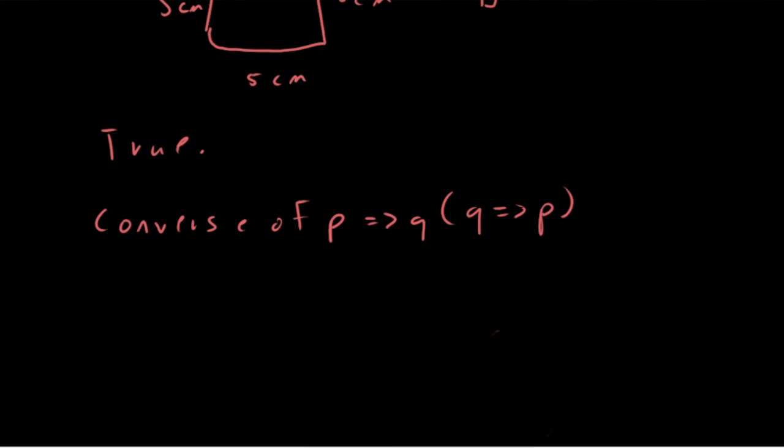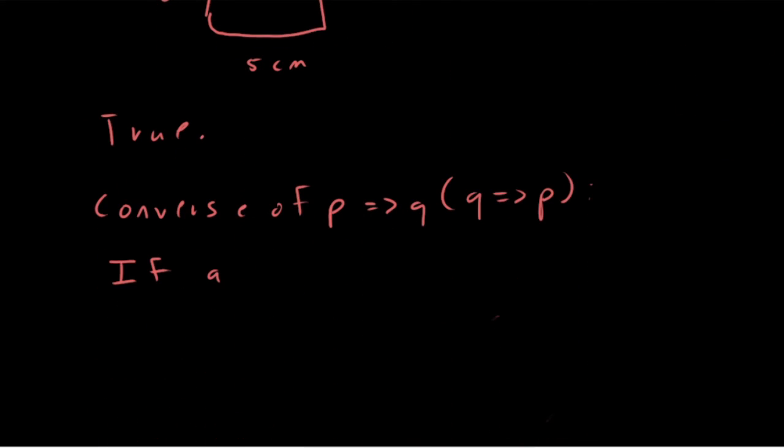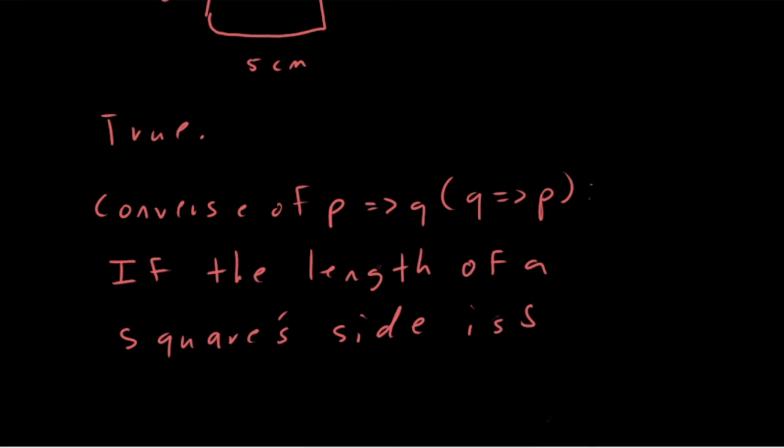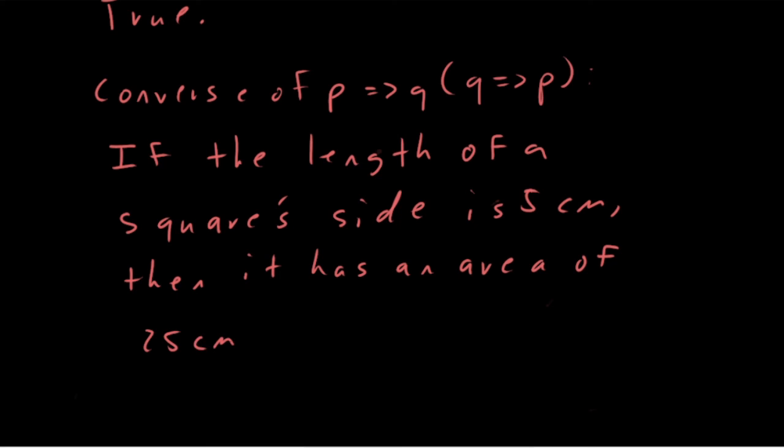So the converse would be: if the length of a square's side is 5 centimeters, then it has an area of 25 centimeters squared. And we can see that this statement is also true, right?